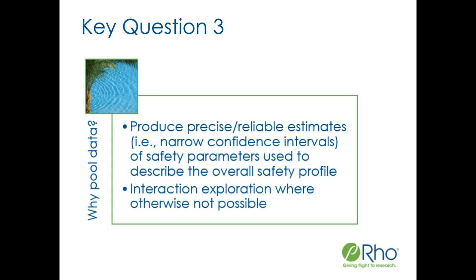So you want to combine your data in the most valid way, and your safety message should drive the pooling strategy. You don't want to pool just for pooling's sake. You want to make sure that you're taking the message into account. You also want to make sure that you're pooling with an effect to have transparent results.